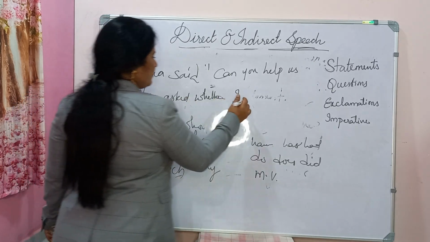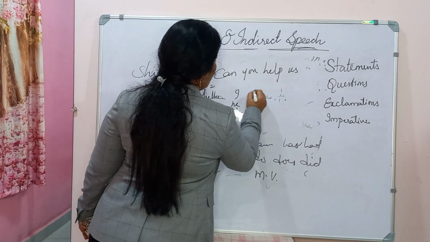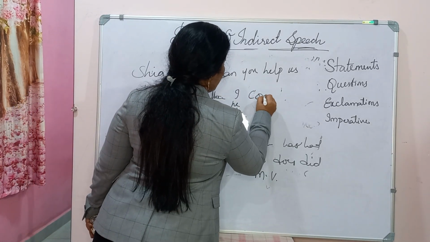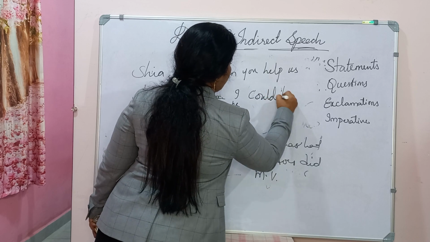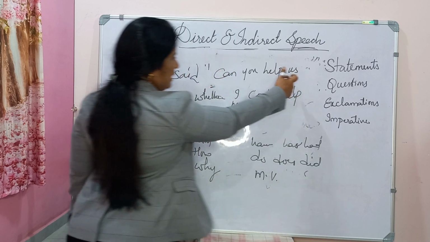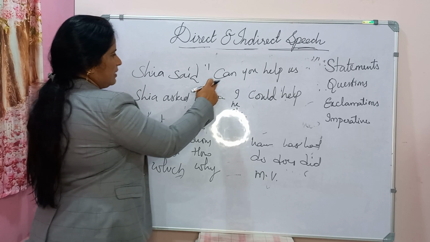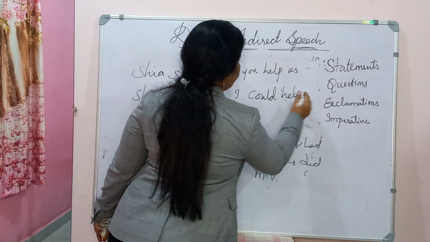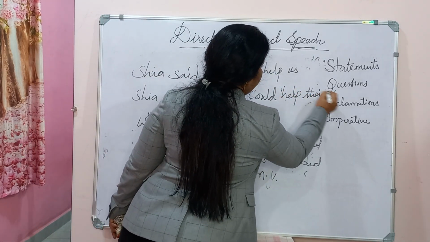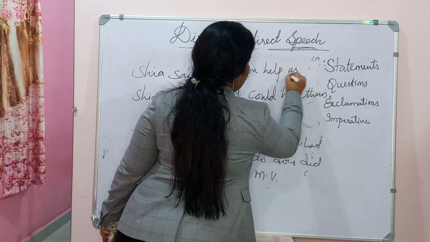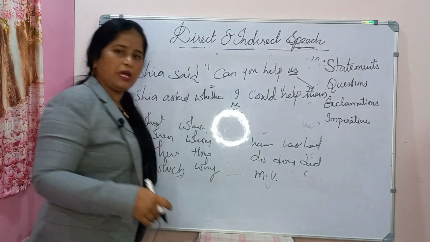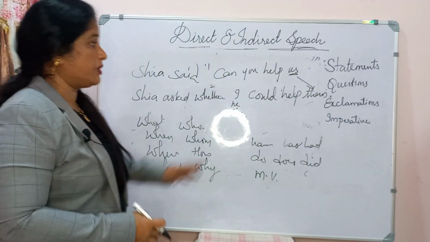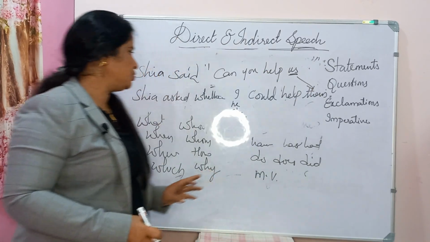So she asked whether I could help us. She said, can you help us? Whether I could help us is them. What is here us? The related people are them. That is the pronoun. According to that, the pronoun has to change.